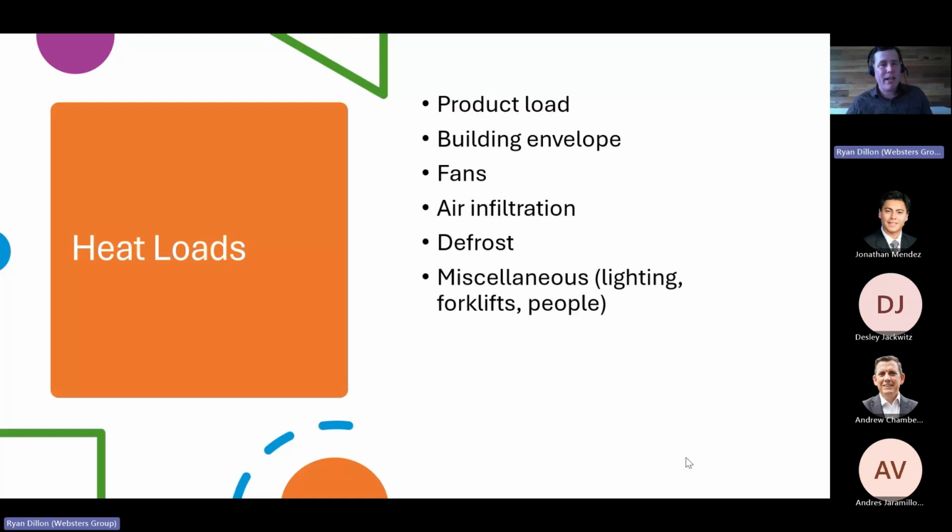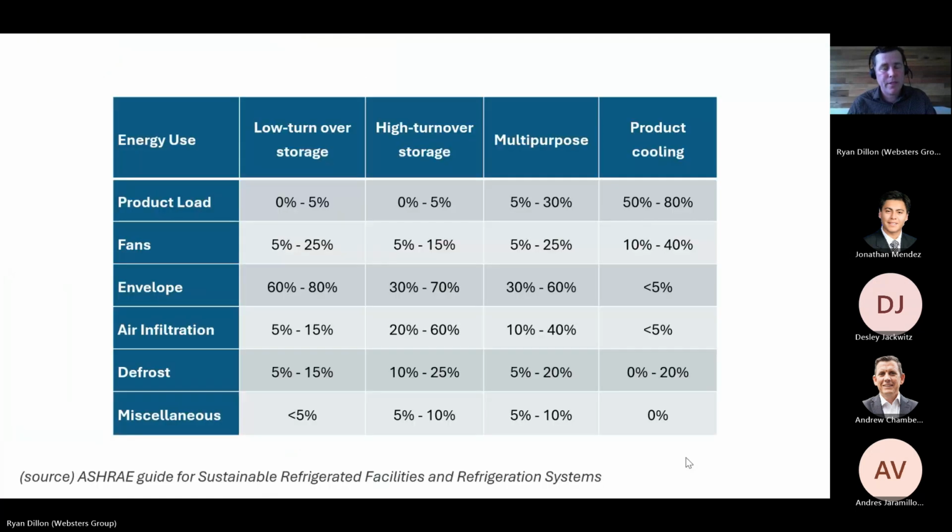These are the examples of where energy is consumed in a cold room. So I'm going to go through each of these and some simple measures you can do to address each, while also giving you an understanding of the order of magnitude and how important some of these areas are relative to the other, so you know where to actually spend your time when reviewing opportunities to improve efficiency.